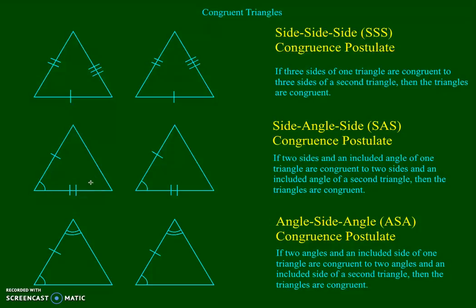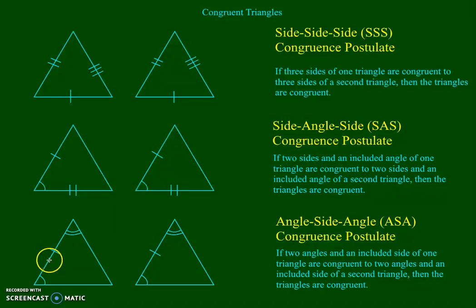Now the third postulate is very closely related to the other two. This is the angle-side-angle postulate. In this case, we have two angles and an included side. The included side is the side between two correspondingly congruent angles. So, in order to create a different triangle, the only thing I'd have to do is to try and change this angle. Well, if I change that angle, that side length would have to change.